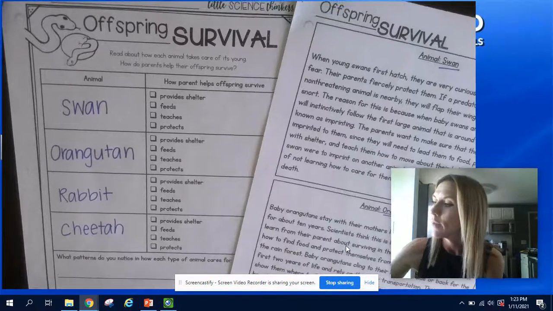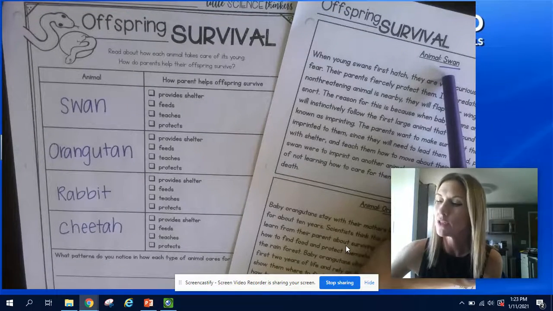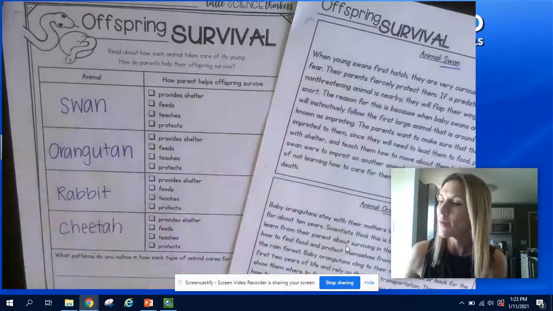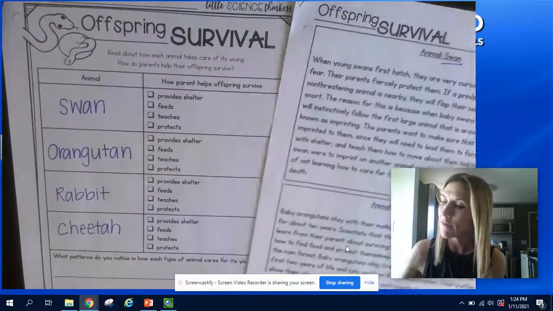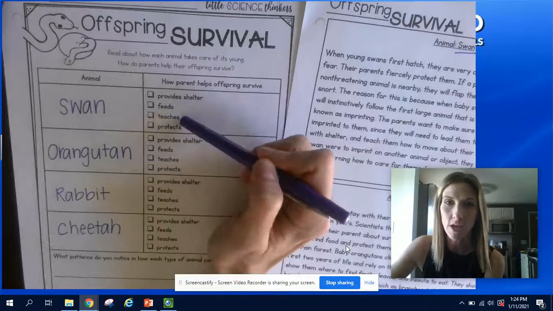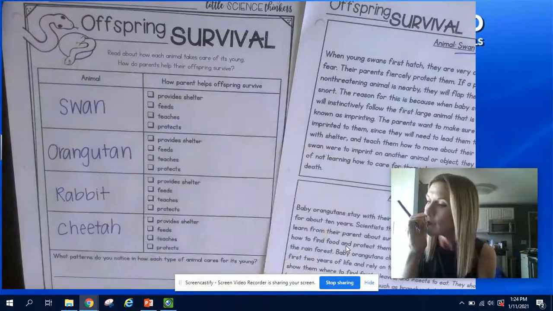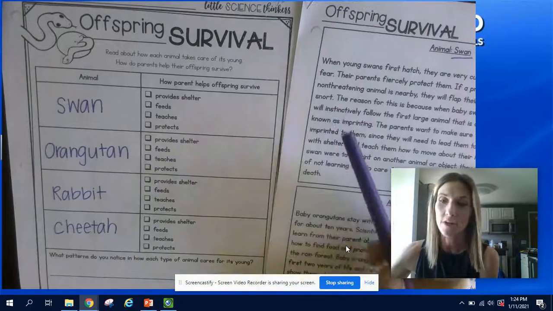So the first one is a swan. So I'm going to start with swan, and I'm going to read this little box about the swan, and every time I hear if it does one of these things, I'm going to check it off. So if I said, let's read, I'll just do the first part for you.